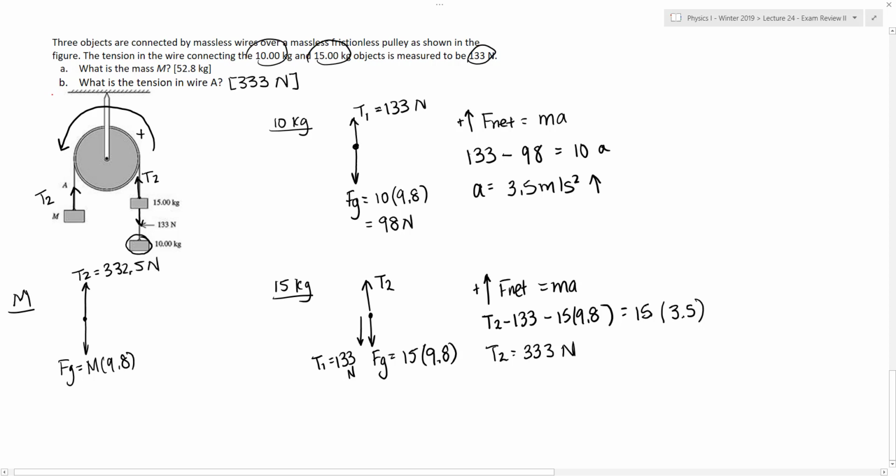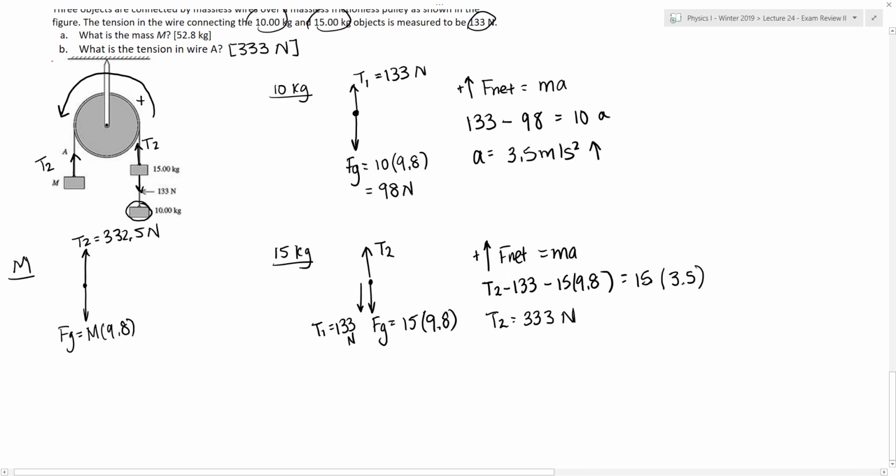Okay. And we know what the acceleration is here, because again, everything has to have the same acceleration. So this time, we're going to say pointing downwards is positive. Okay, so if these two masses, the 10 and the 15 kilogram masses, are moving upwards, then the capital M mass must be going downwards. Okay, so down is positive.